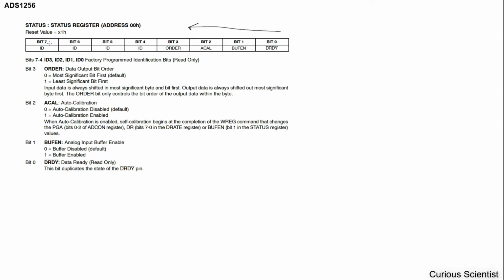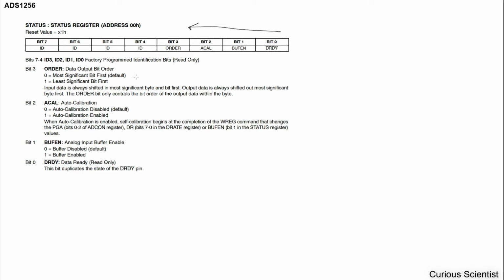So basically bit 7, bit 6, bit 5 and bit 4 have a default value, so we don't care about them, and then we can set up bit 0, bit 1, bit 2 and bit 3.